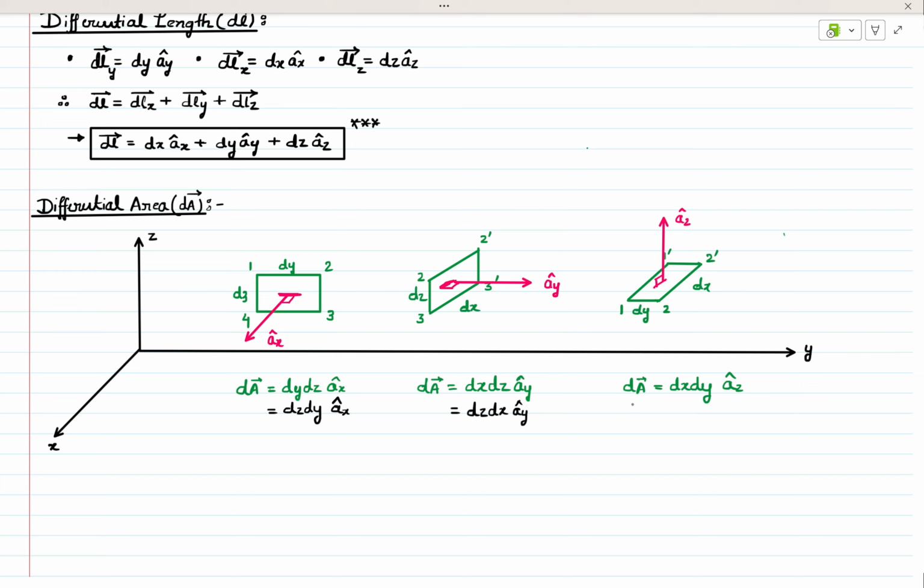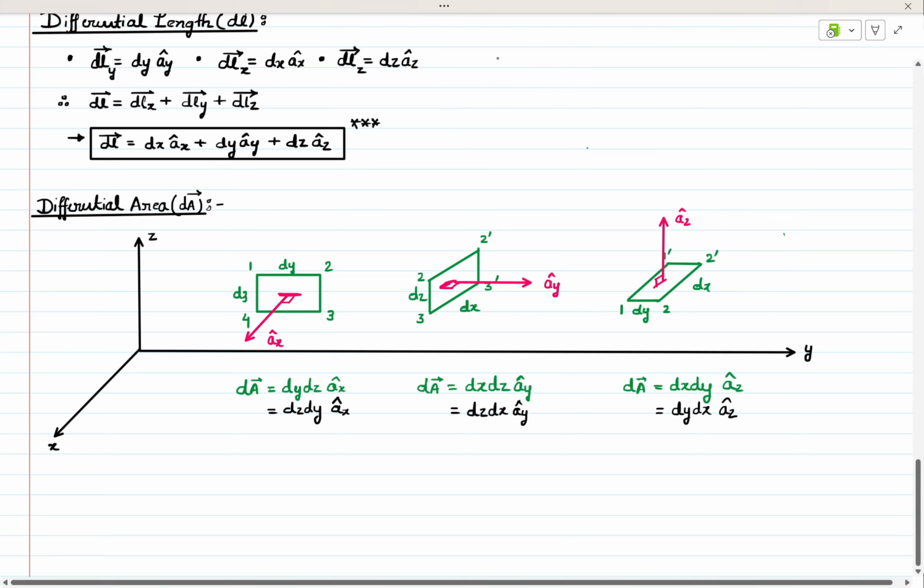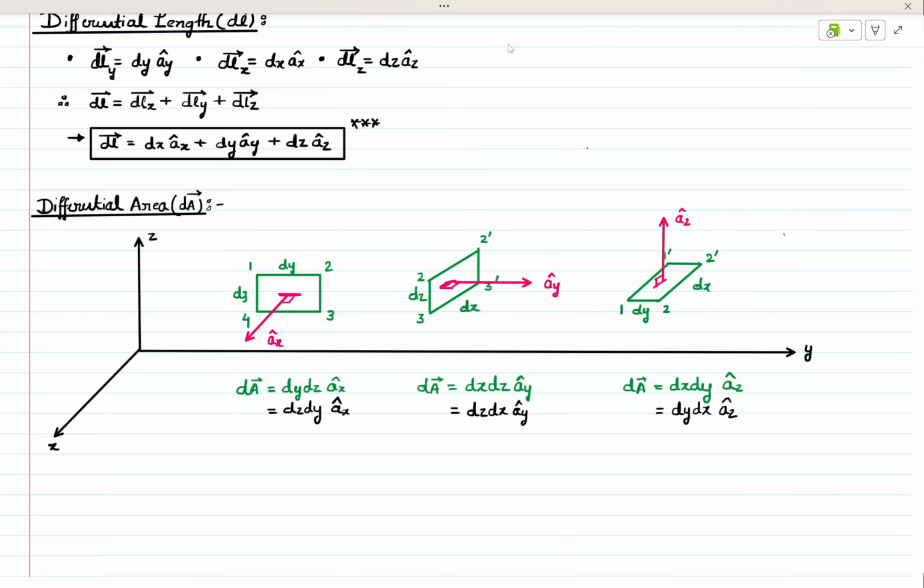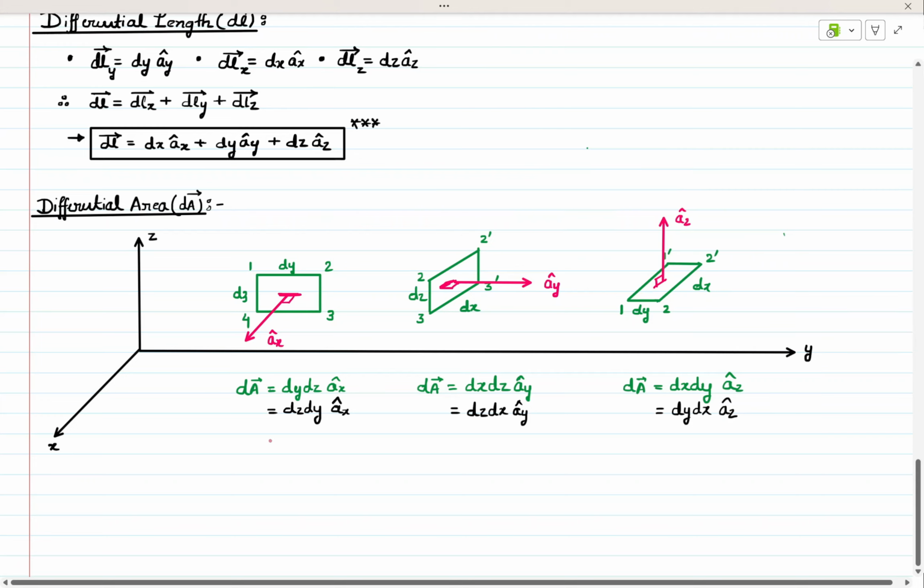For dA in the direction of az, you can also write it as dy dx. That is not wrong. But don't change the sign of the unit vector. Don't write dz dy in the direction of minus ax. That is wrong.